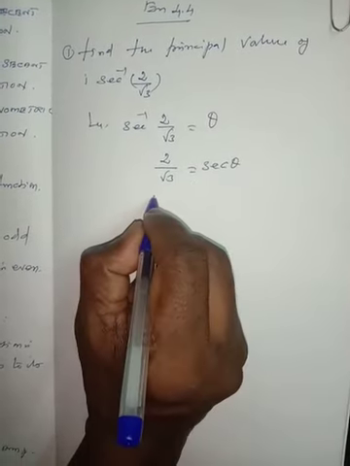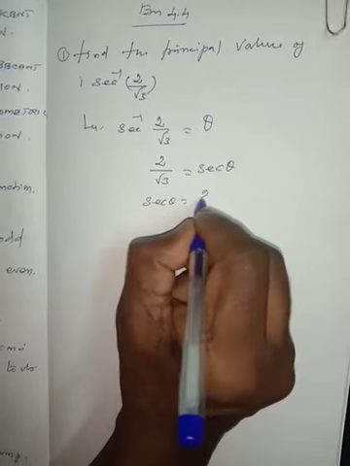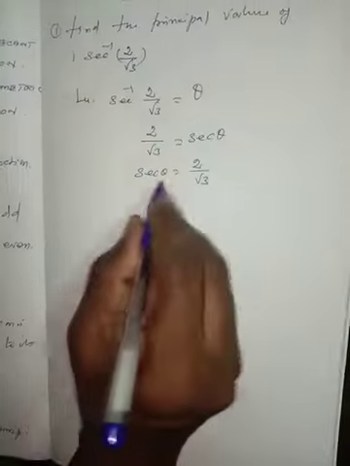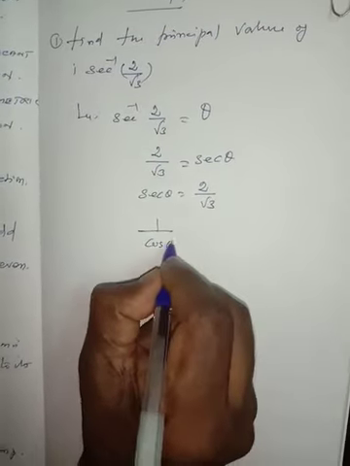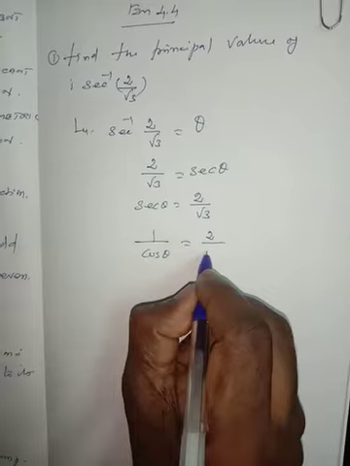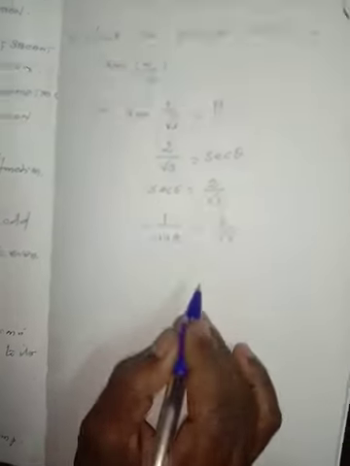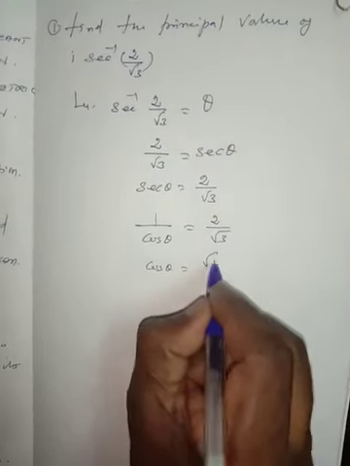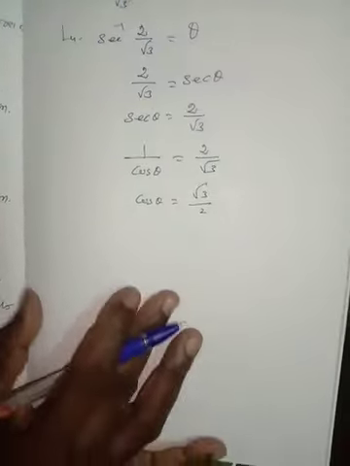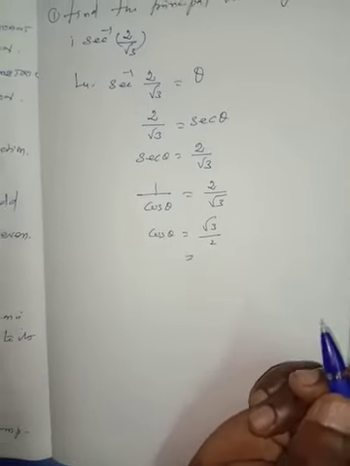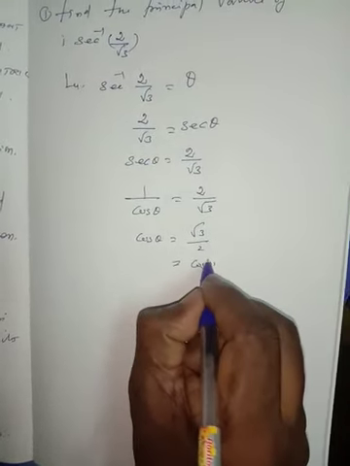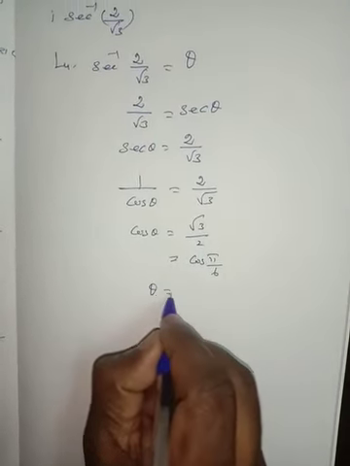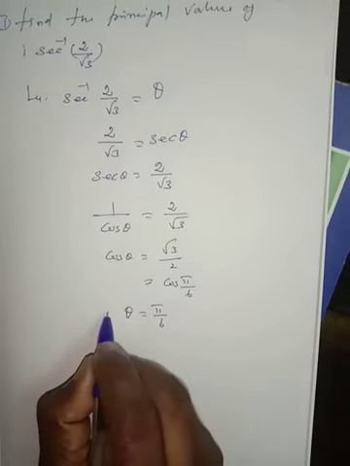Secant theta is equal to 2 divided by root 3. Secant theta can be written in the form of 1 by cos theta. 1 by cos theta is equal to 2 divided by root 3. Now, taking the reciprocal gives cos theta is equal to root 3 by 2. Cos of root 3 by 2 is cos pi by 6. Taking cos inverse on both sides, we have theta is equal to pi by 6.